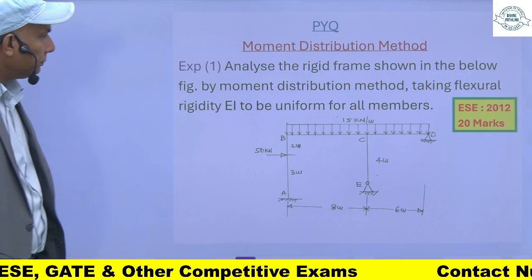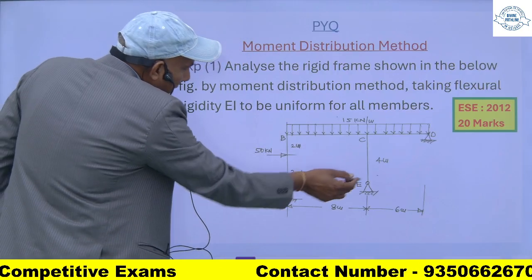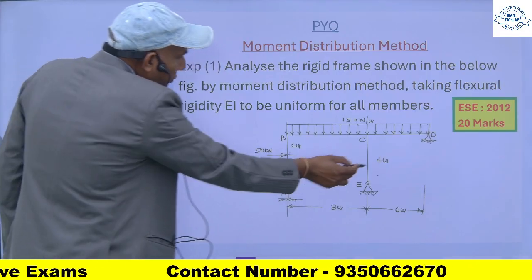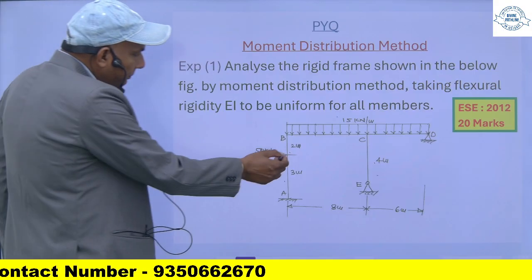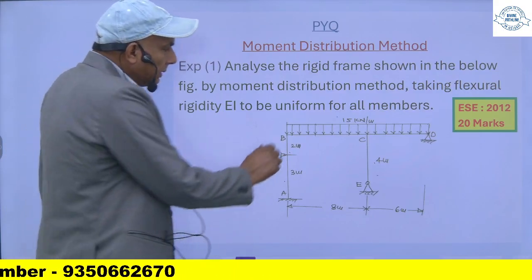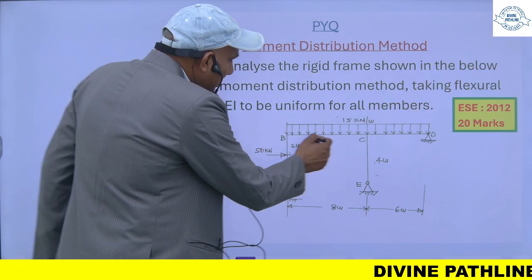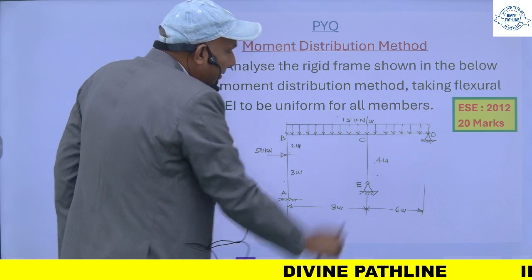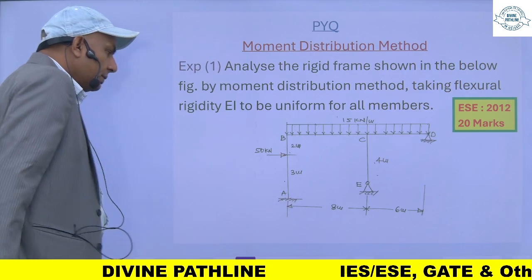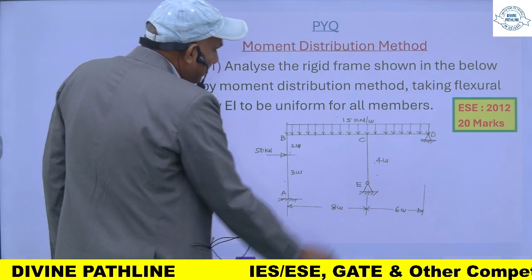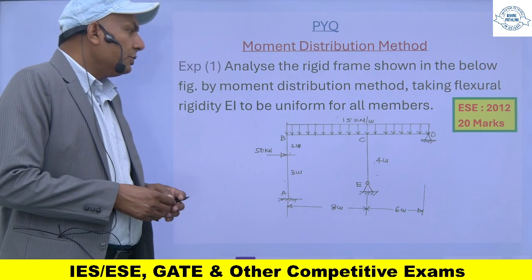It has two vertical members, 5 meter and 4 meter, and there is a horizontal load of 50 kilonewton acting at this point, and a UDL of 15 kilonewton per meter covering both spans BC and CD. This end is fixed and this one is hinged. So I have to analyze the frame by moment distribution method.